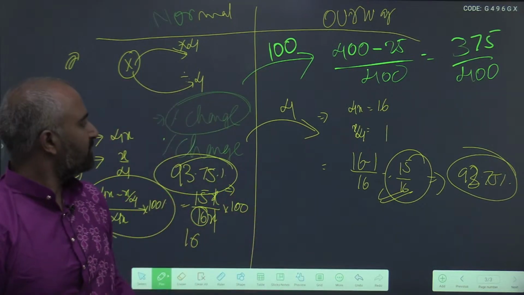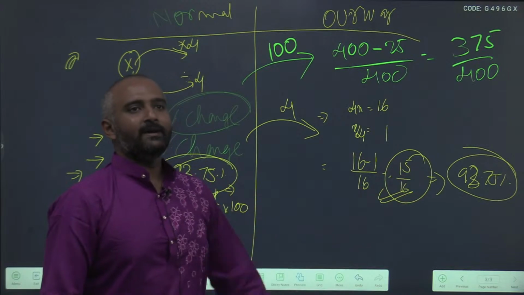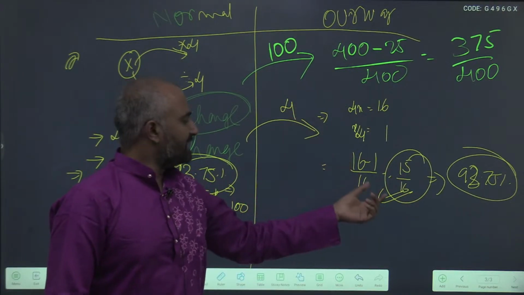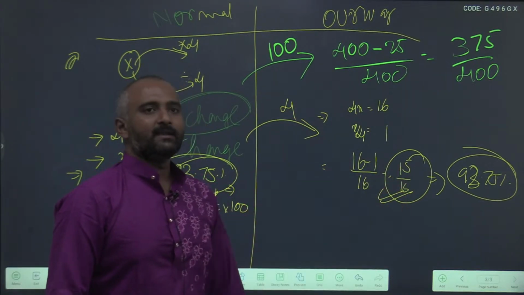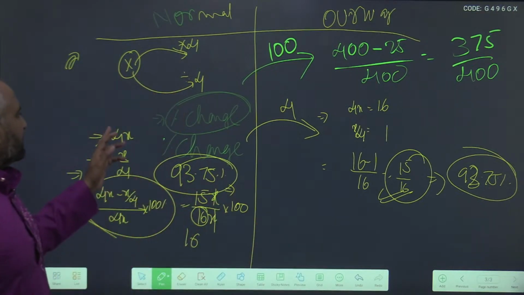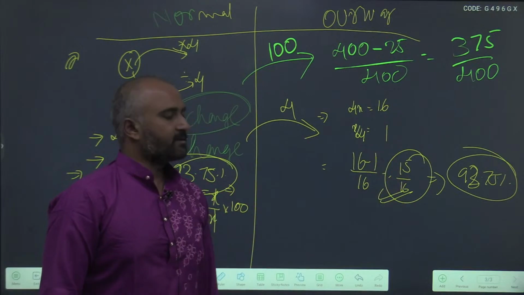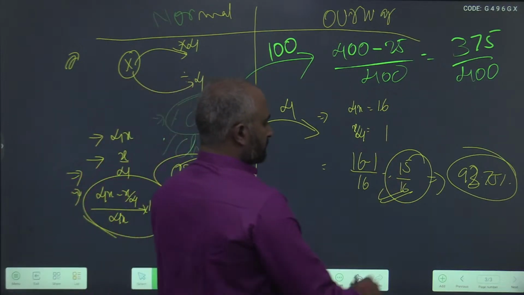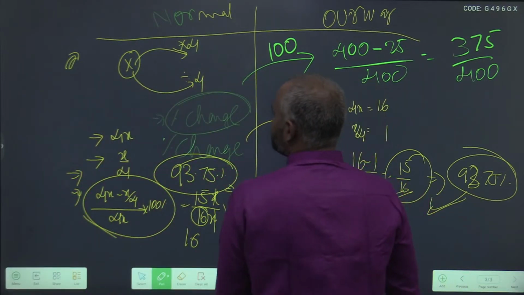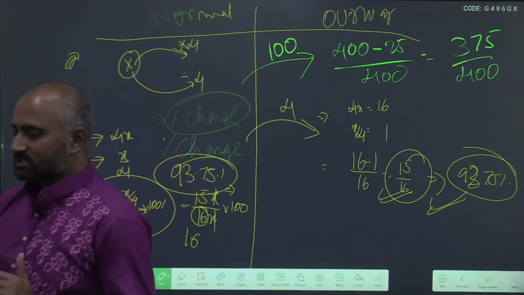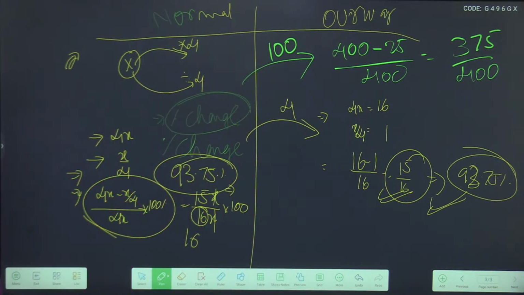Instead of taking x or 100, if you imagine 4, you will definitely get here. This question is easily solvable within a minute.